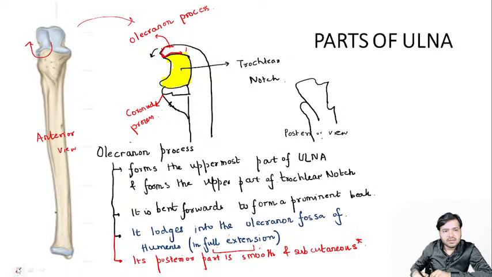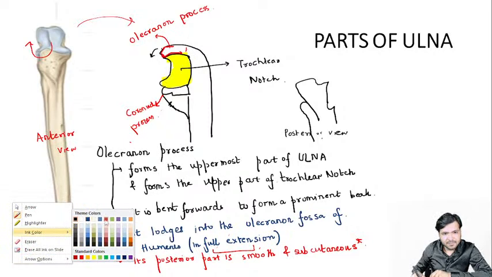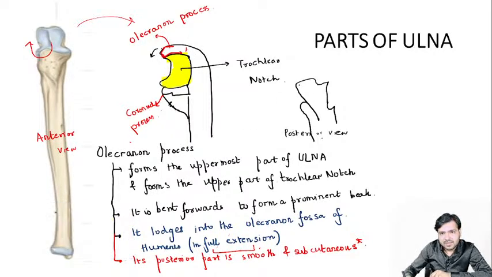And remember, in the upper part, yes Ditya, very good. In the upper part, beta, you will find a muscle which is attached over here in the upper part of the olecranon process. So it is the triceps brachii. Mark this as important and write down it is the triceps brachii.